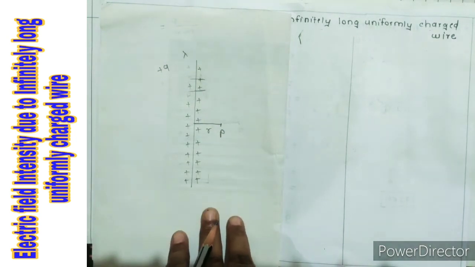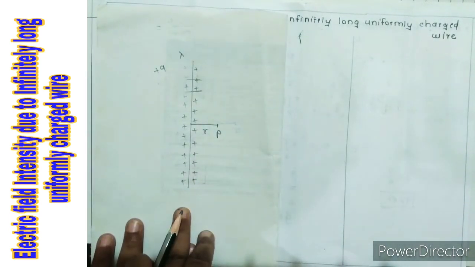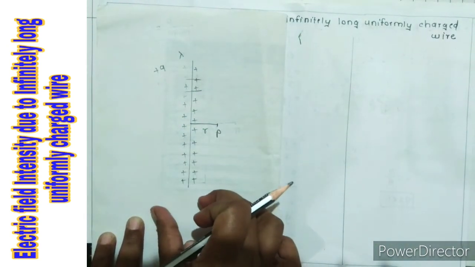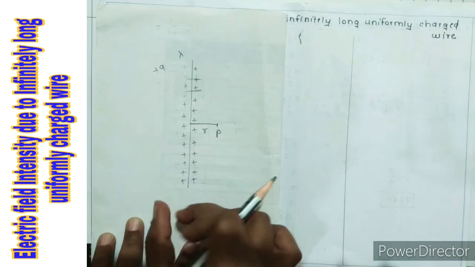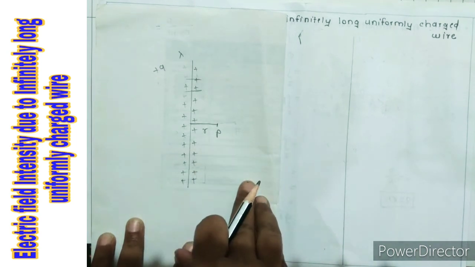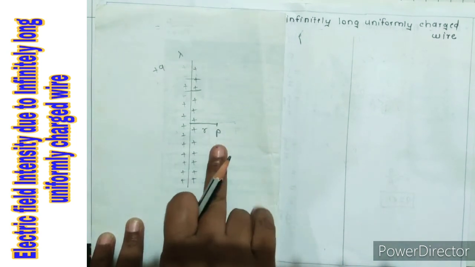If we want to apply the Gauss law, we have to find the Gaussian surface. Now as this is a wire, we can consider a cylinder as a Gaussian surface. If we enclose this charge in a closed cylinder, then we can apply the Gauss law. So how to draw the cylinder?